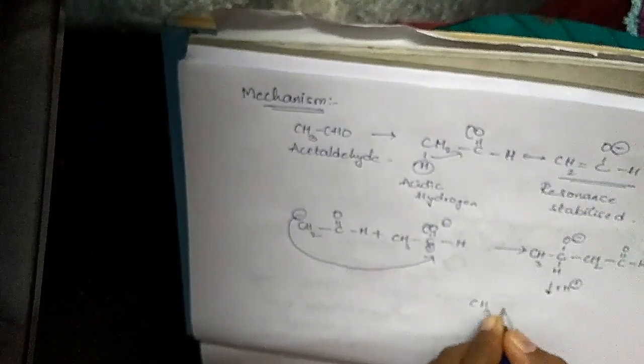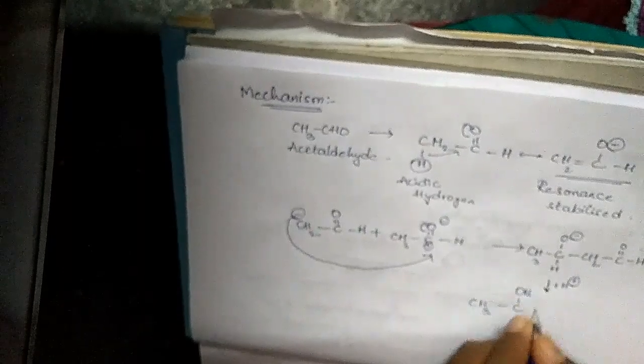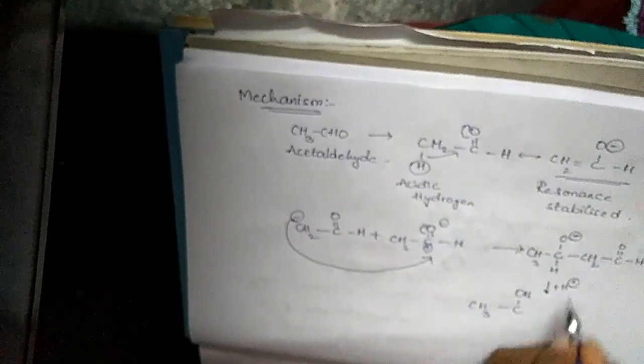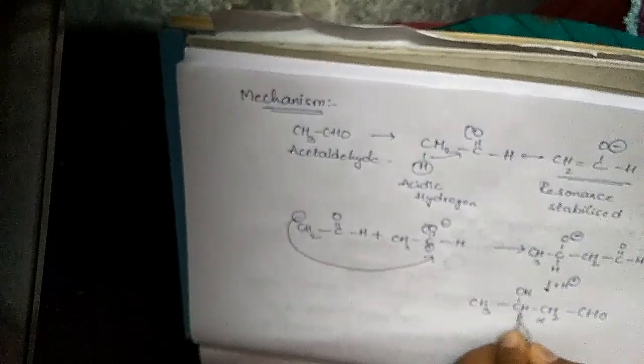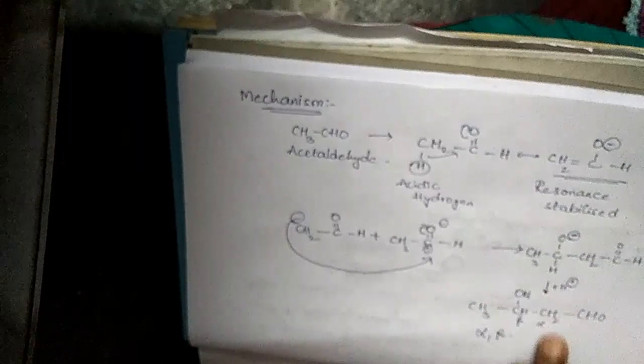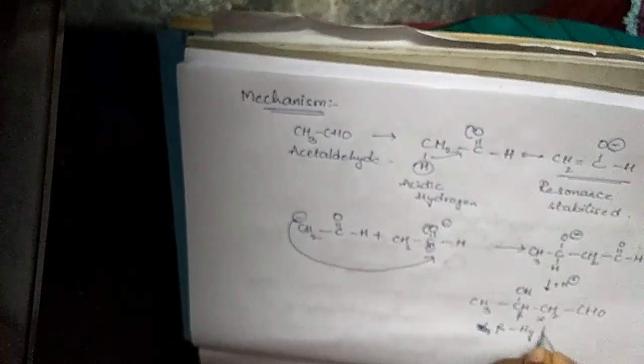So the final product is CH3 CH OH CH2 CHO. This is the final product of aldol condensation, that is beta hydroxy butanol. Sorry, alpha, beta hydroxy butanol.